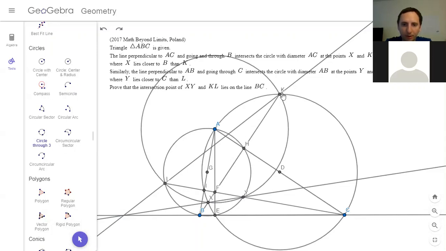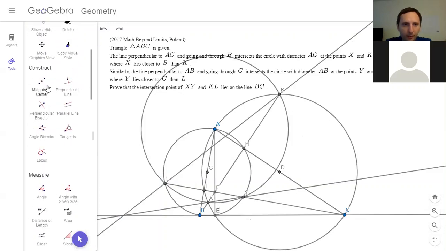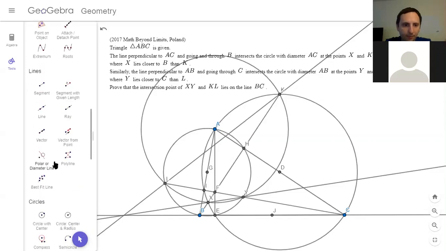Is there some other quadrilateral that's cyclic? I'm not sure. What if I try drawing the midpoint of BC? It's just a guess.